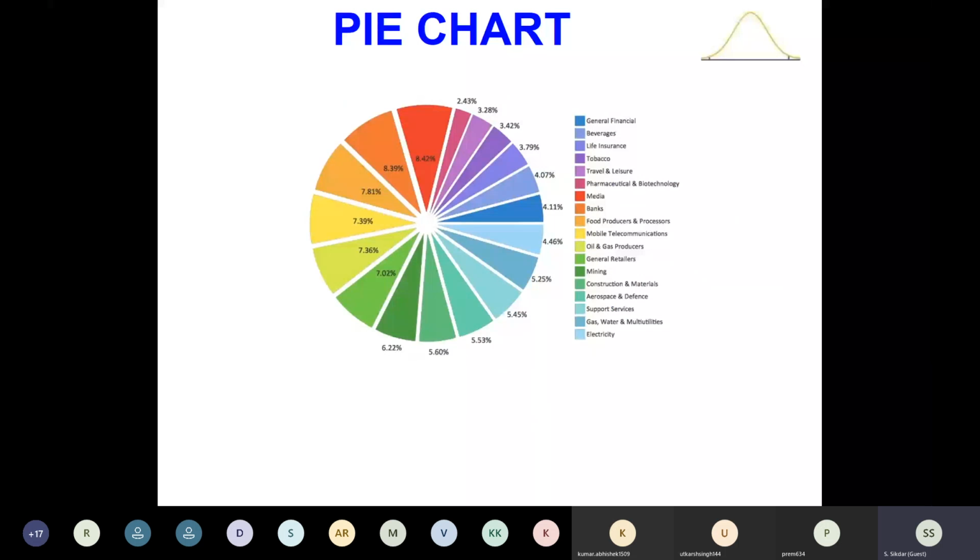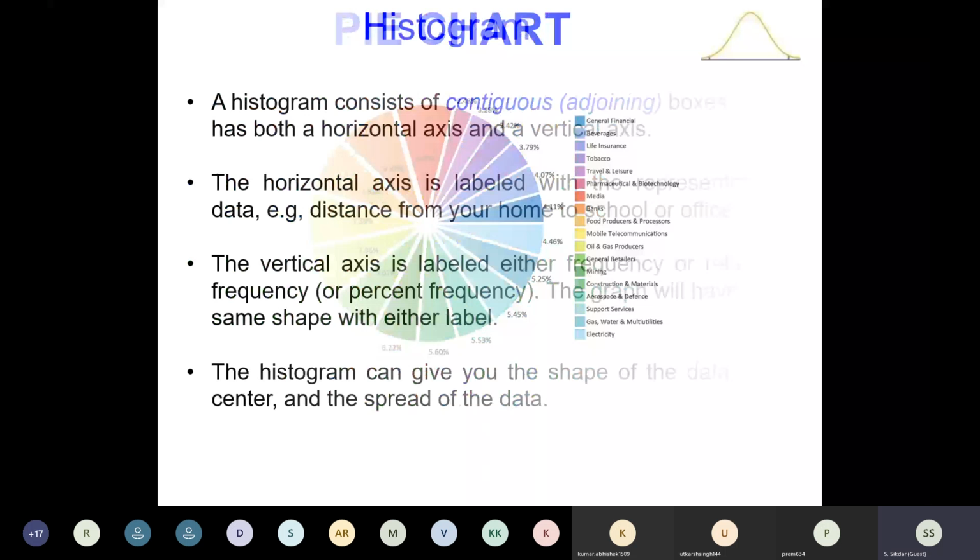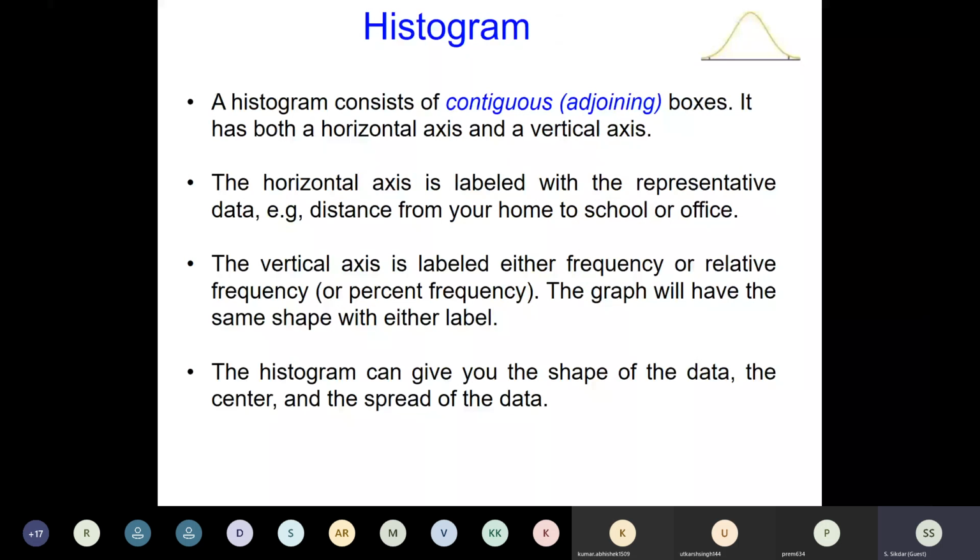If anybody asks you questions, you basically have to find the percentage held by each category, and then according to that divide 360 degrees. There is nothing great in this, and you have already done it somewhere at some level. Then we move to the histogram. That day also we told that a histogram is just continuous or adjoining boxes, and it has two axes.